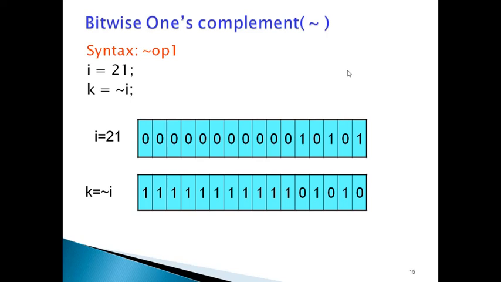As per the definition, converting the bits zeros into ones and ones into zeros is called the ones complement. In the I, the values are 1 0 1 0 1.